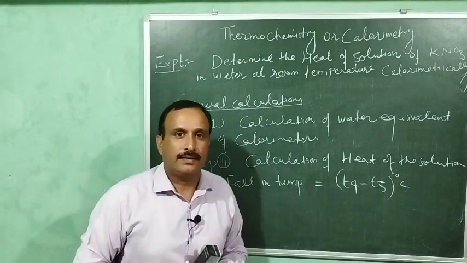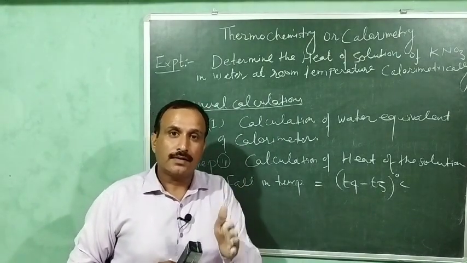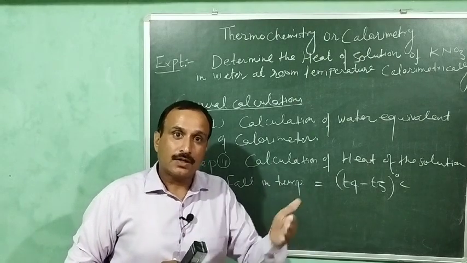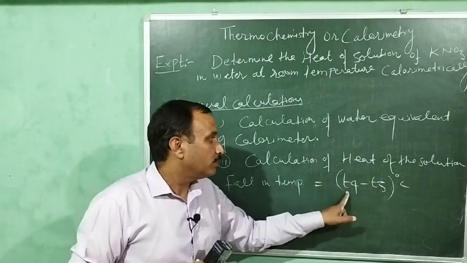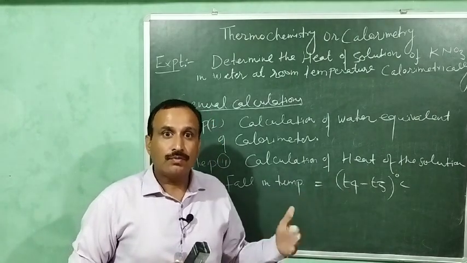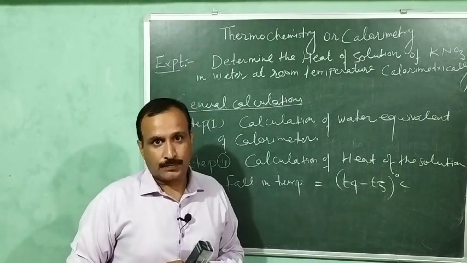As I explained earlier, when the potassium nitrate is dissolved in the water, the temperature of the water will fall. This means that T4 will be more than T5. So there will be a fall in temperature, and it is equal to T4 minus T5 degree Celsius.